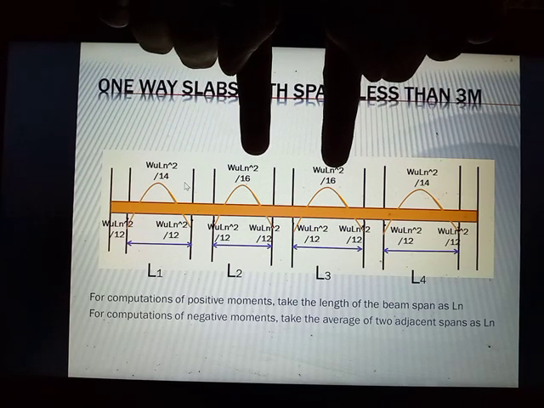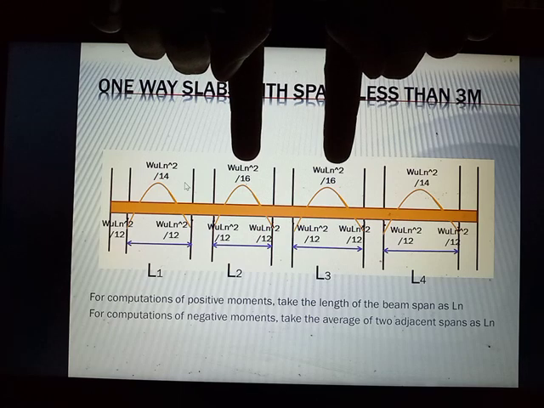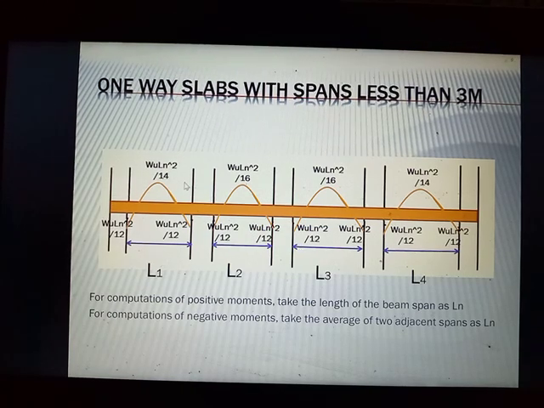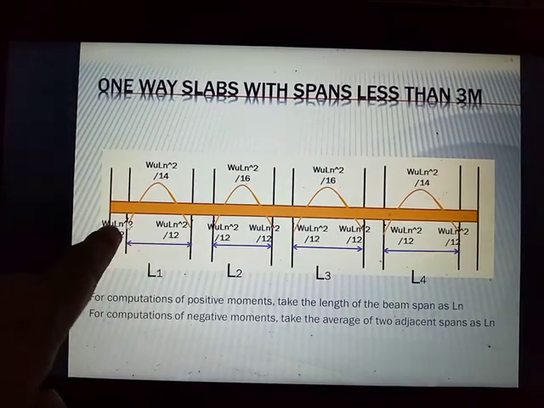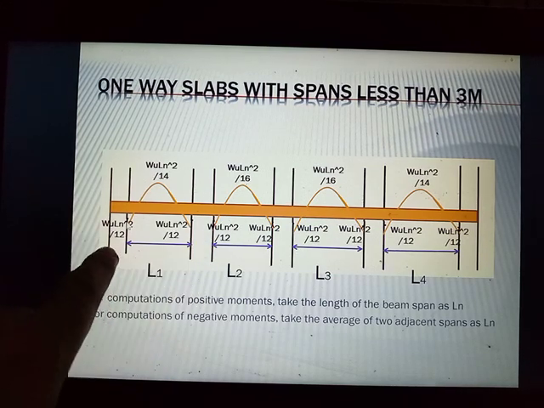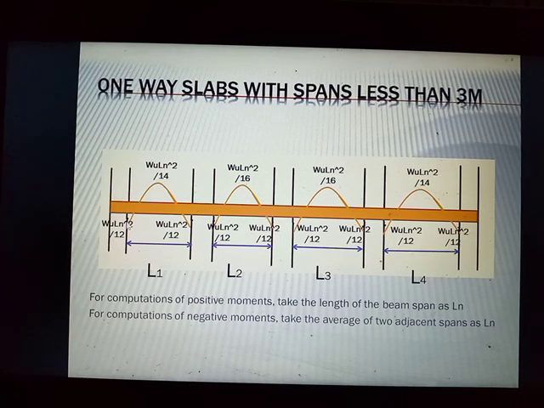And for the interior spans, the positive moment is WLN squared over 12. And since this is a one-way slab with spans less than 3 meters, all of your negative moments, whether on the exterior or interior side, as long as they are negative moments, you use the formula WLN squared over 12.